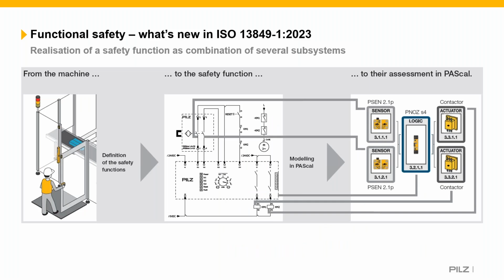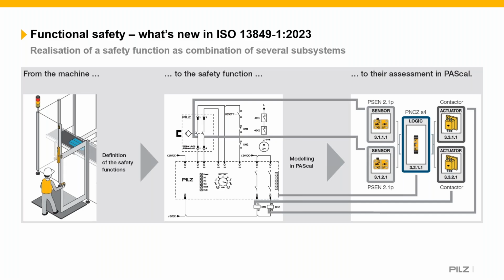Also, Annex H looks at the realization of a safety function as a combination of several subsystems. So you can see how it would look on the machine with the door, with a non-contact switch, then the logic device, and then the contactors shutting it down. So multiple safety functions are typically present to reduce machinery risk.